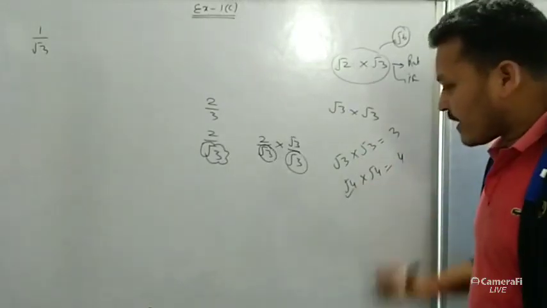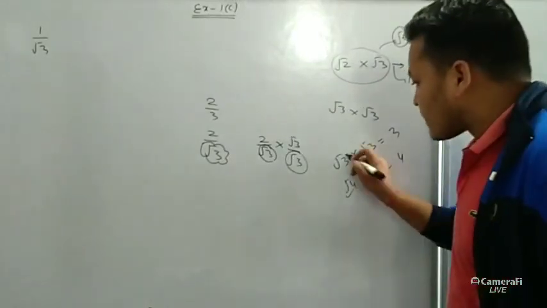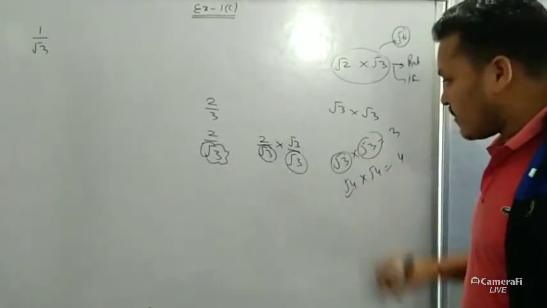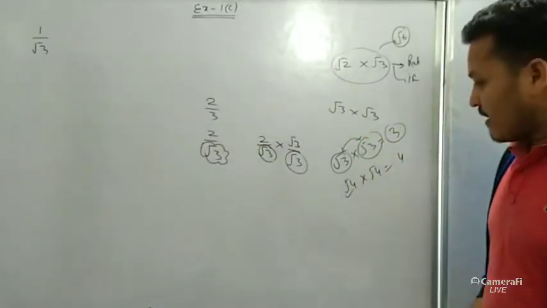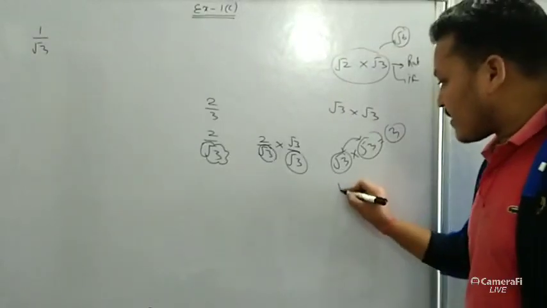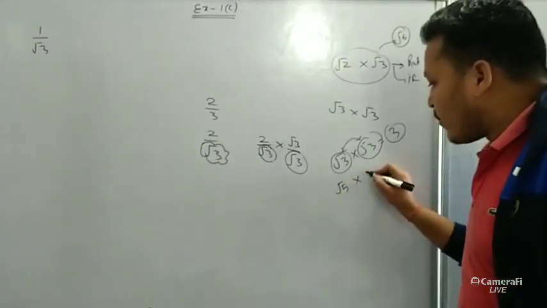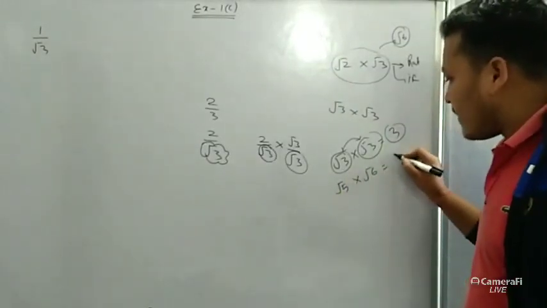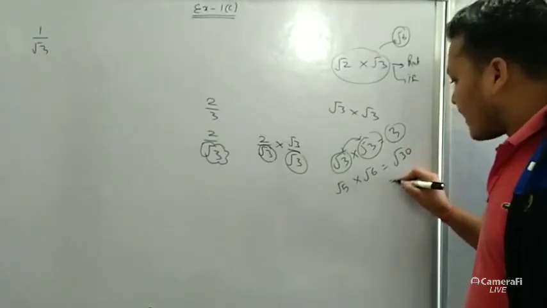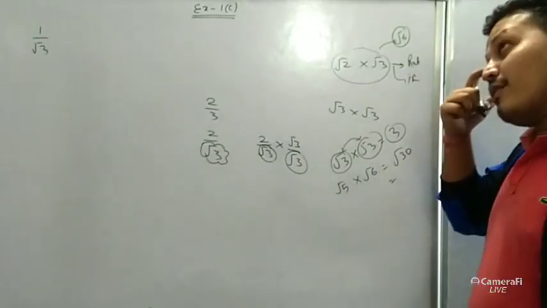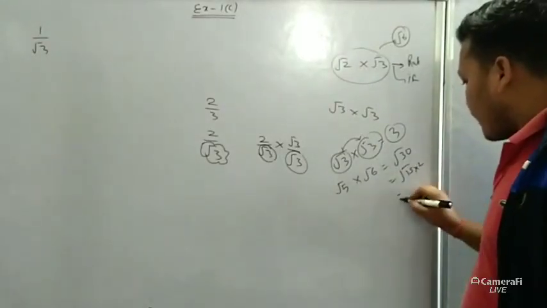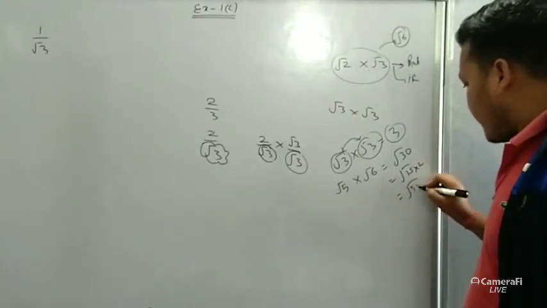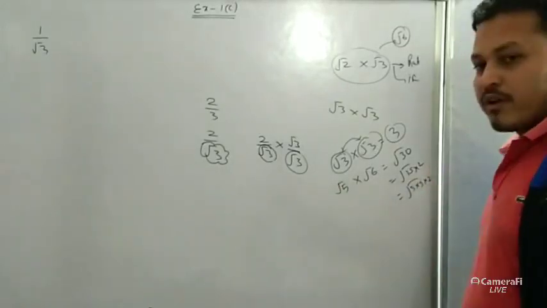It means root 3 is an irrational number and root 3 is also an irrational number, so when we multiply by the same number, the answer is a rational number. Check with root 5: if you multiply root 5 with root 6, the answer will be root 30. If you solve root 30 further, how much will it be, sir? It will be 30 is 15 into 2, meaning 5 into 3 into 2. This cannot be solved, it is impossible.